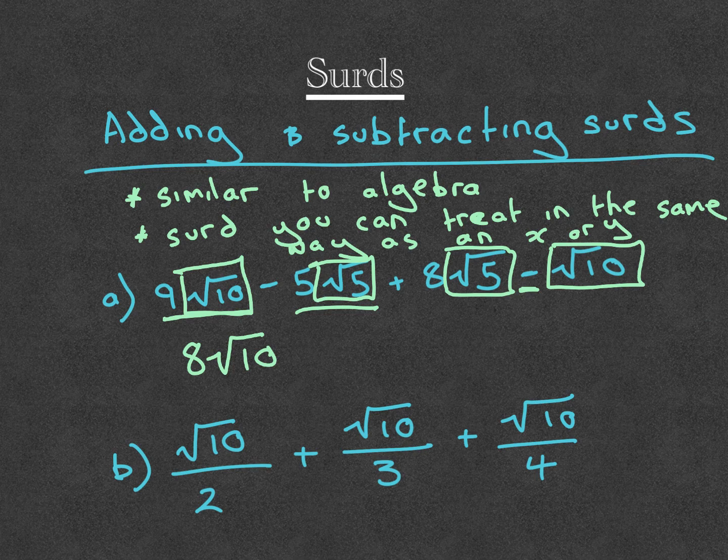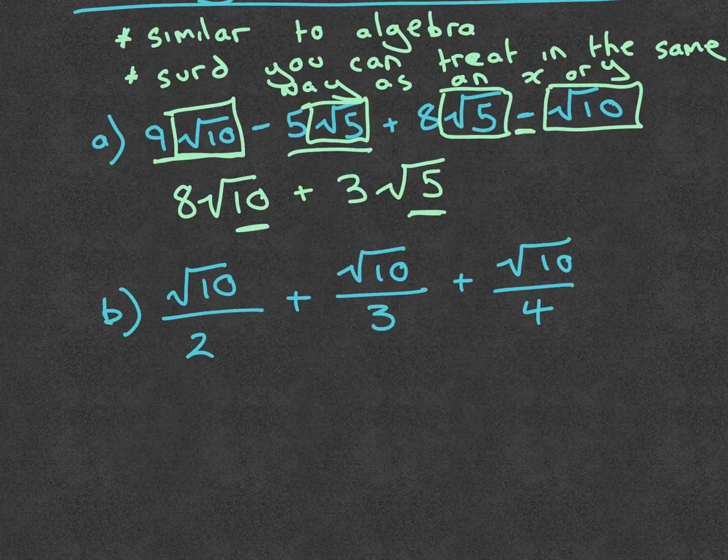So negative 5 plus 8 is going to give us plus 3 root 5. Now we can't simplify this anymore because the 2 surds in these 2 terms are different surds, so we can't add them together. Just like if we had a y term and an x term, we couldn't simplify and add those 2 together anymore. Okay, so let's look at the second example here.